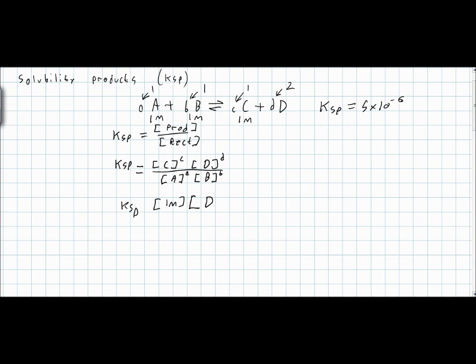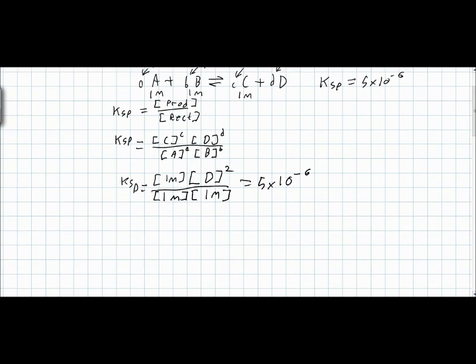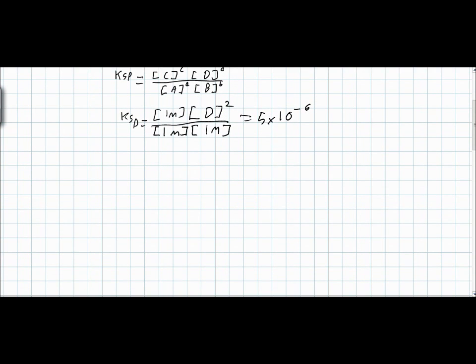And then we have D to the power of 2, and then we have that over 1 molar times 1 molar. And we know that the KSP value is equal to 5 times 10 to the negative 6th. So I'm sure you can figure out what this next step is. You simply do some math.